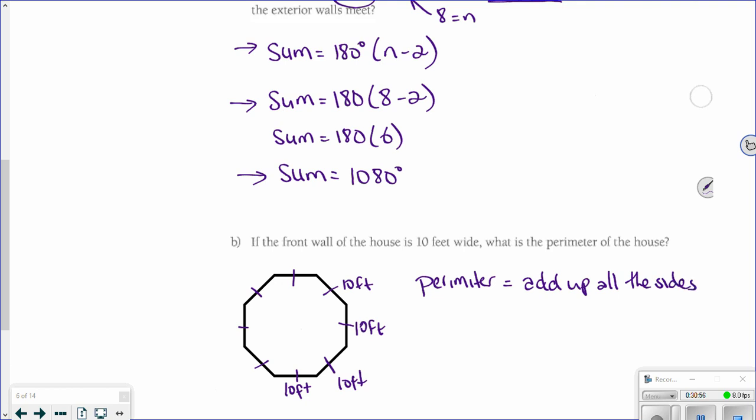Or because it's a regular polygon, I can take one side length and times it by the number of sides. Either way is going to give you the same answer. In this case, though, my perimeter is going to be 10 feet times 8 equal sides. My perimeter is going to be 80 feet.